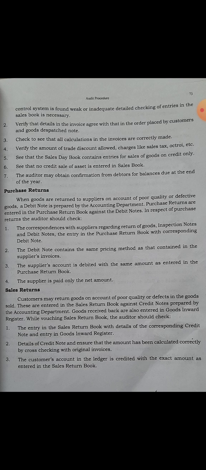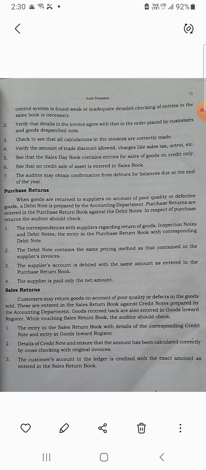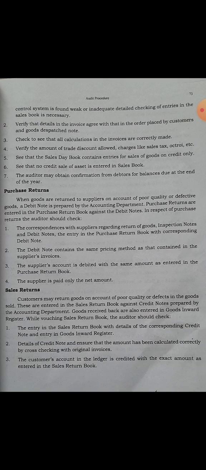Next is to check the sales daybook whether any cash sales are recorded in that book, and also be sure that no credit sale of an asset is entered. The seventh point is the auditor may obtain confirmation from the debtors for the balance due at the end of the year.